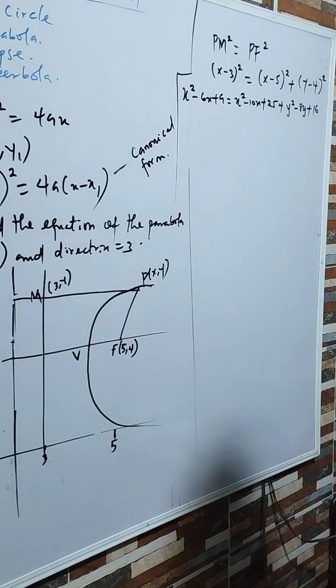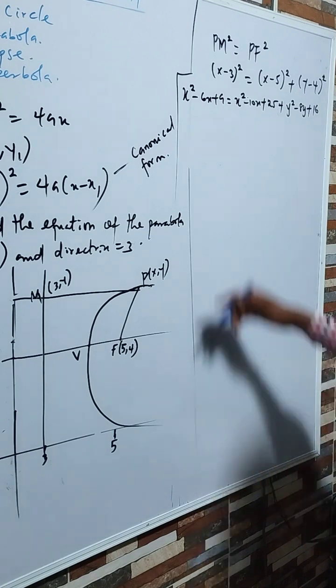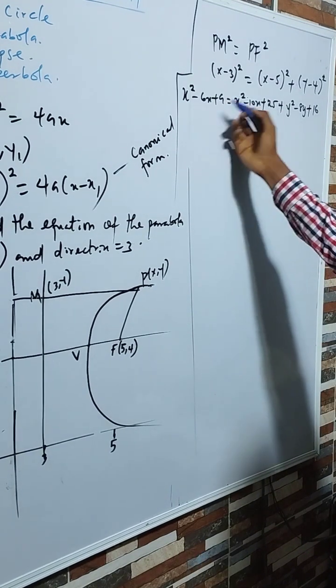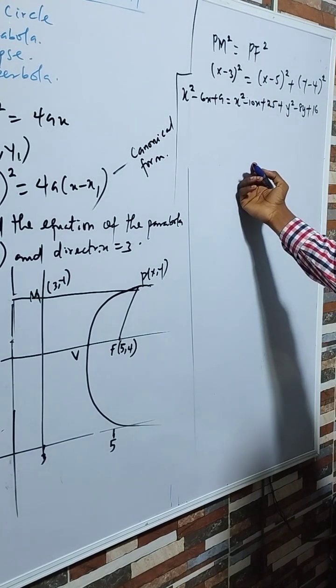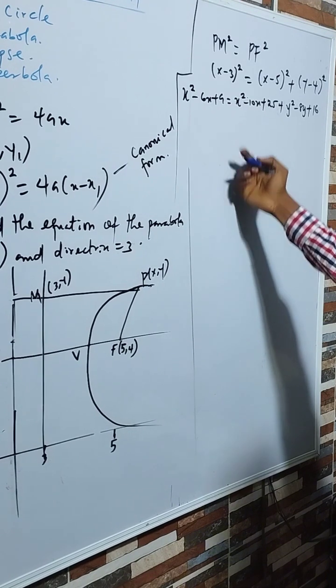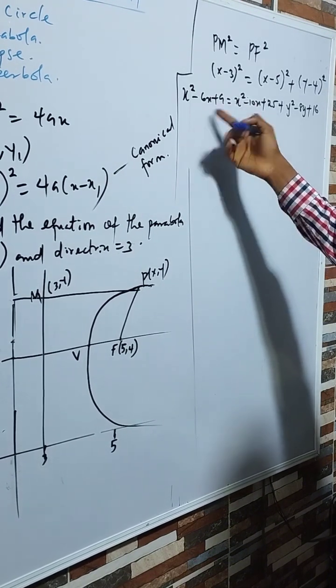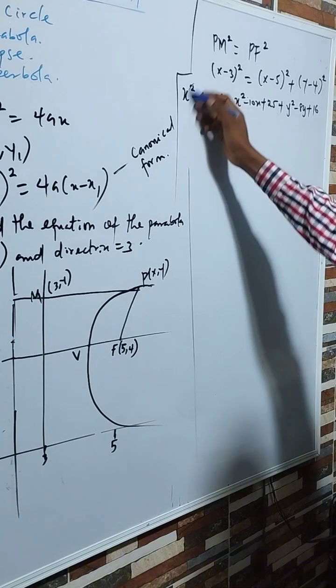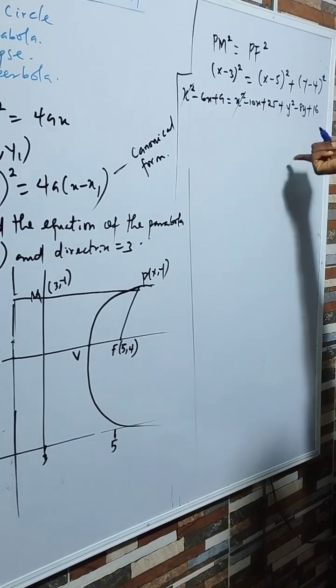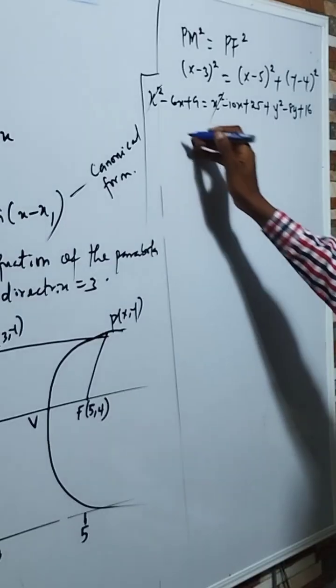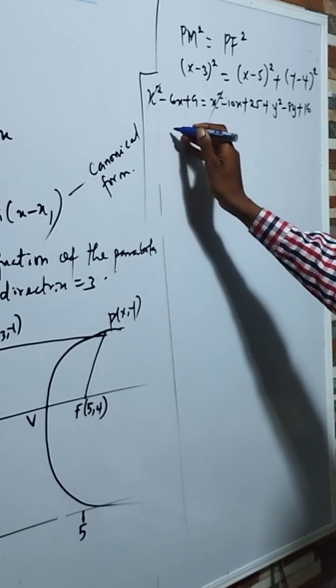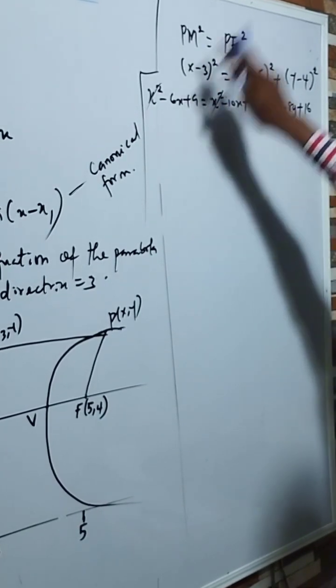If I look at this carefully, definitely this x square here will cancel this x square. So I'm going to bring everything here to the other side.